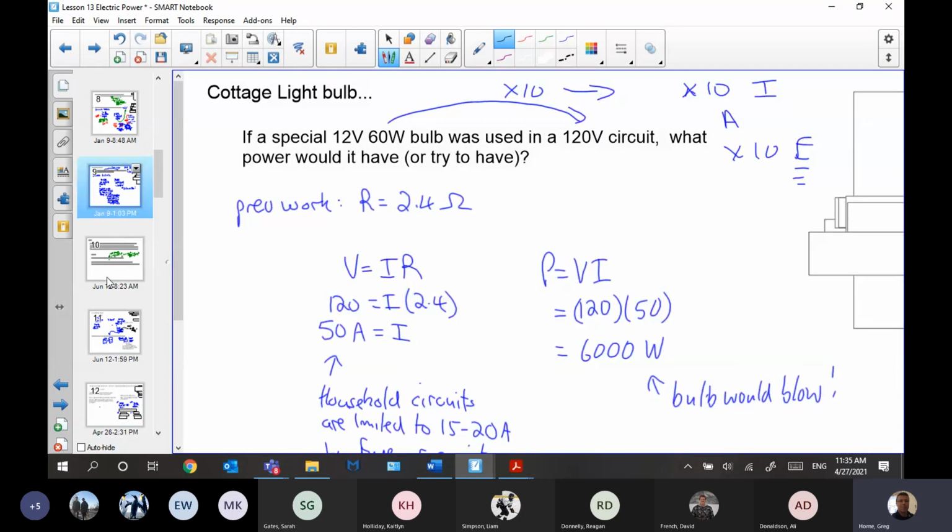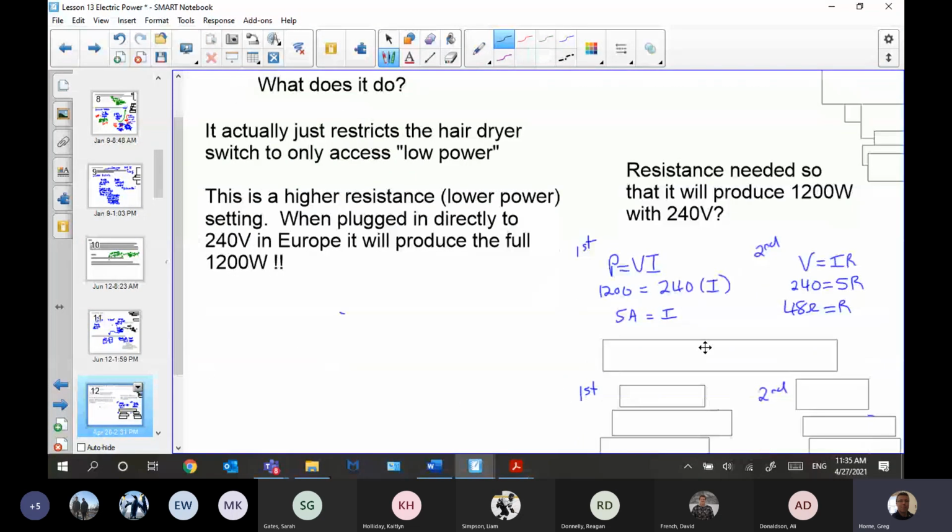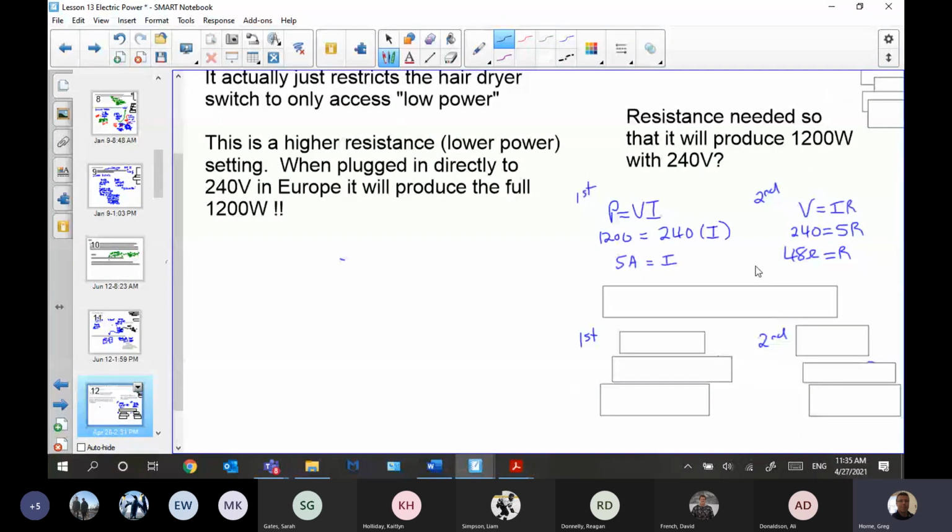The regular resistance was, going to my hair dryer here, 12 ohms, right? So if we make the low power be 48 ohms, then it would be low here in North America, certainly, right? Nice to have a low setting and a high setting. But that low setting would function the same as the high setting when plugged in in Europe. So basically now they can look at what wattage, what power rating this low setting would be in Canada.